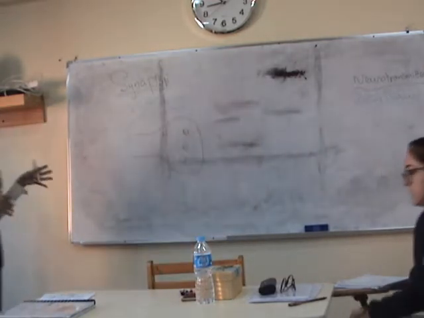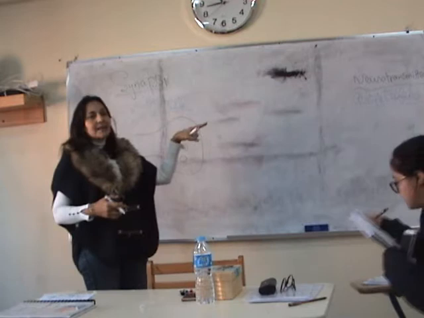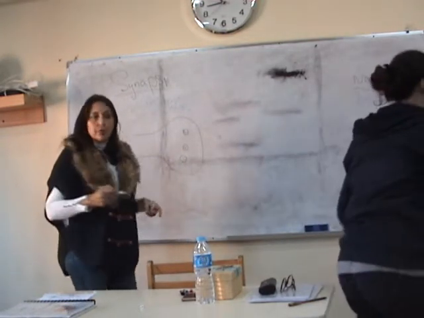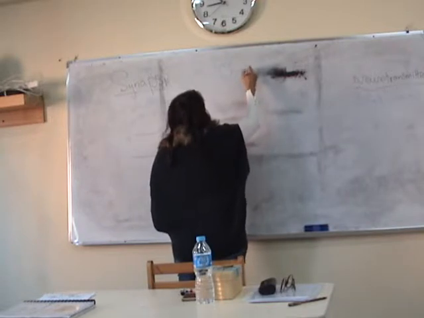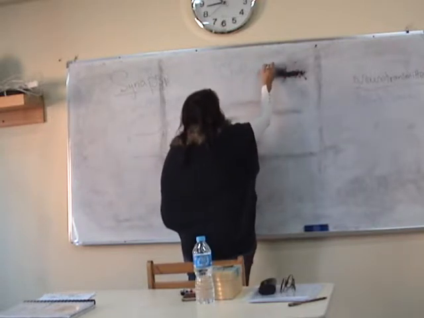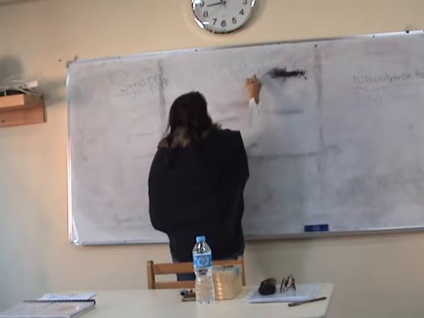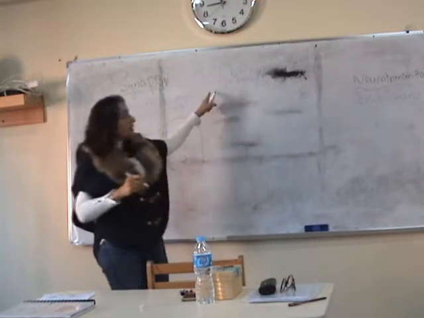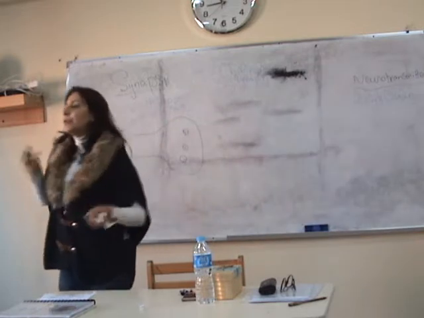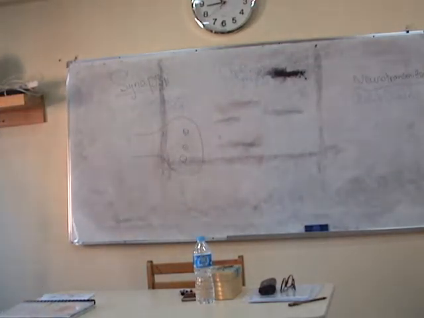The synapse that involves acetylcholine as a neurotransmitter is known as the cholinergic synapse. So it is termed cholinergic synapse because the neurotransmitter is acetylcholine.